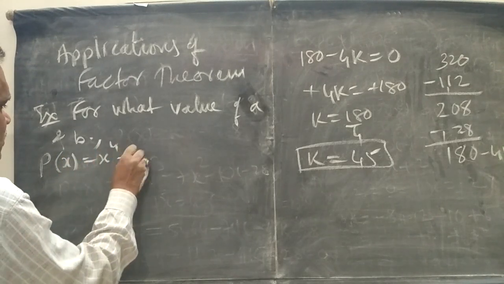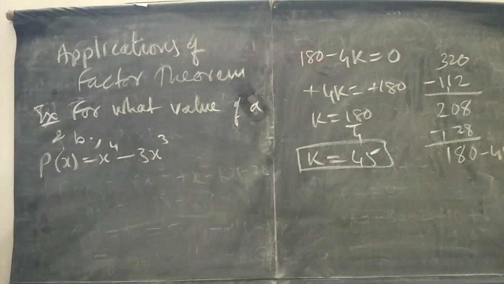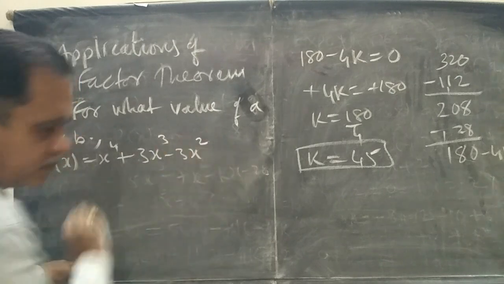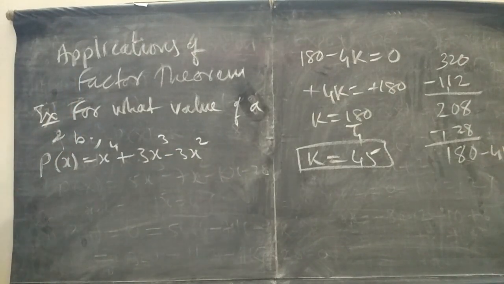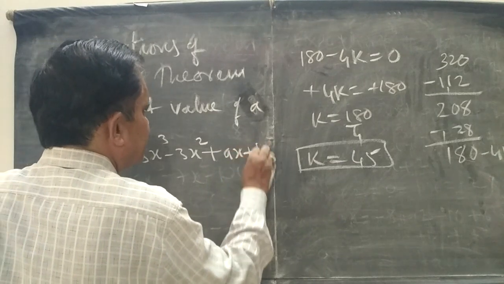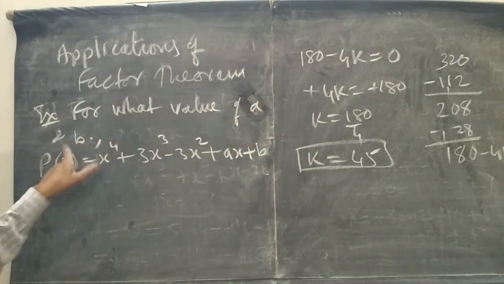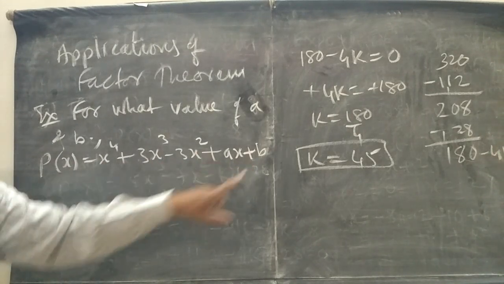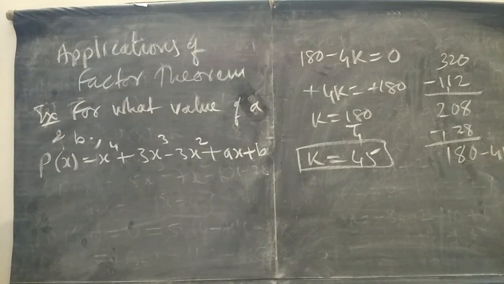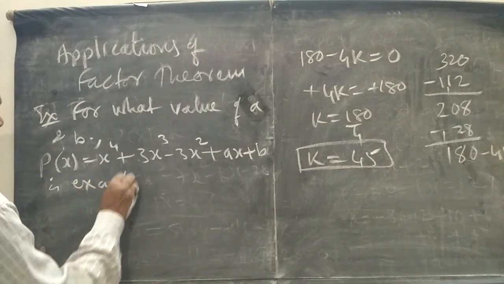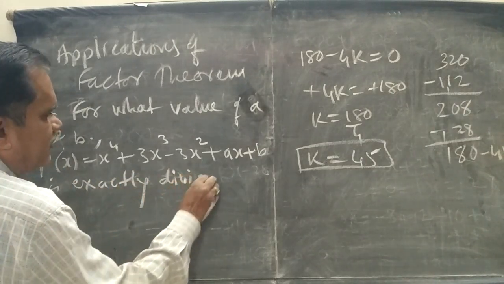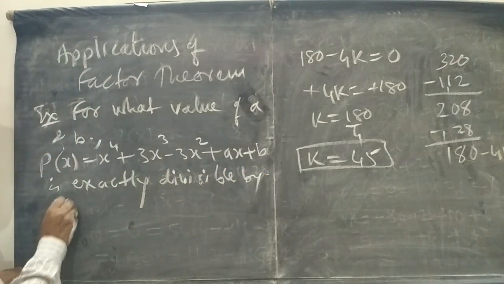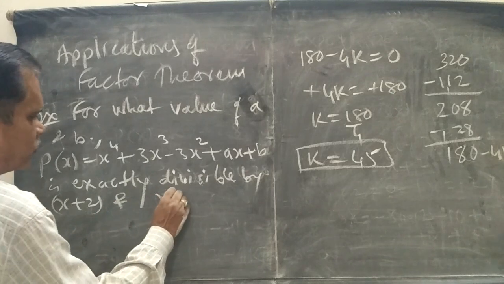For what values of a and b is the polynomial x raised to 4 plus 3x cube minus 3x square plus ax plus b exactly divisible by x plus 2 and also x minus 2?